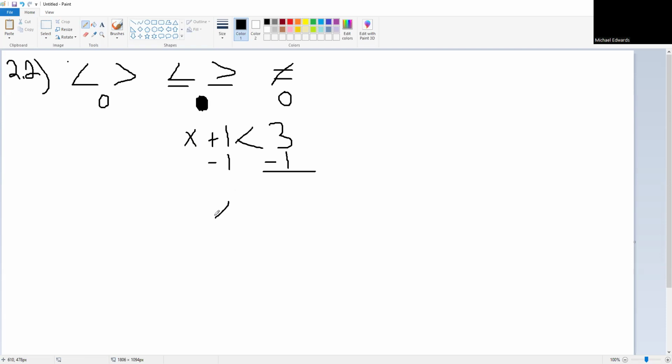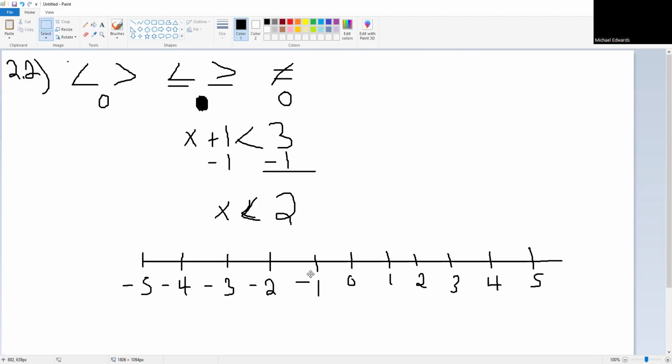So that gives us x less than 2. So to graph this, handy dandy graphing machine, we write the 2 here with an open dot, and then x goes this way, right?